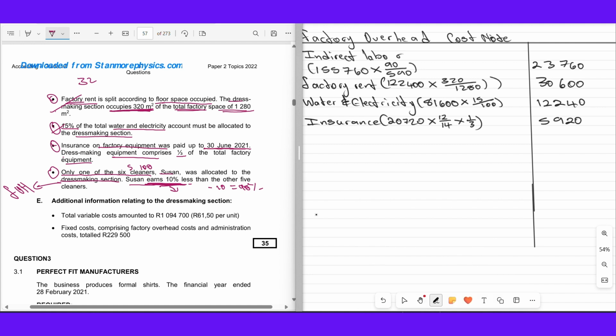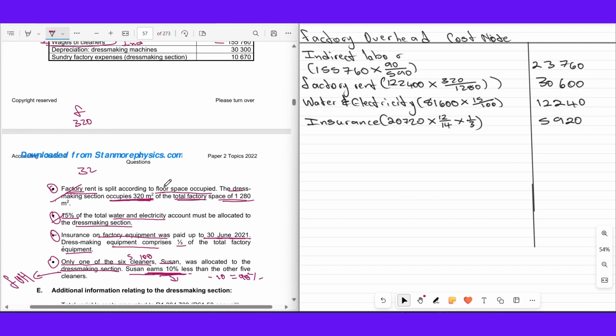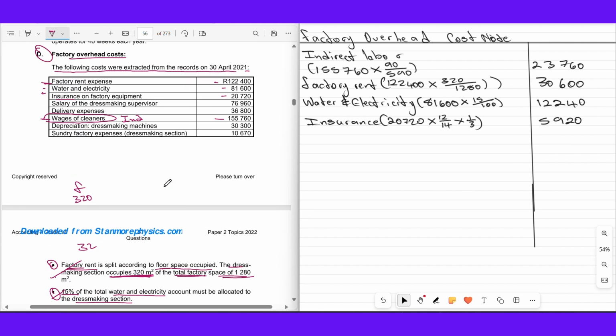So now when we check, yes, we are not going to consider that information. So there's no other transactions. So we have salaries on dressmaking. So let's record it.